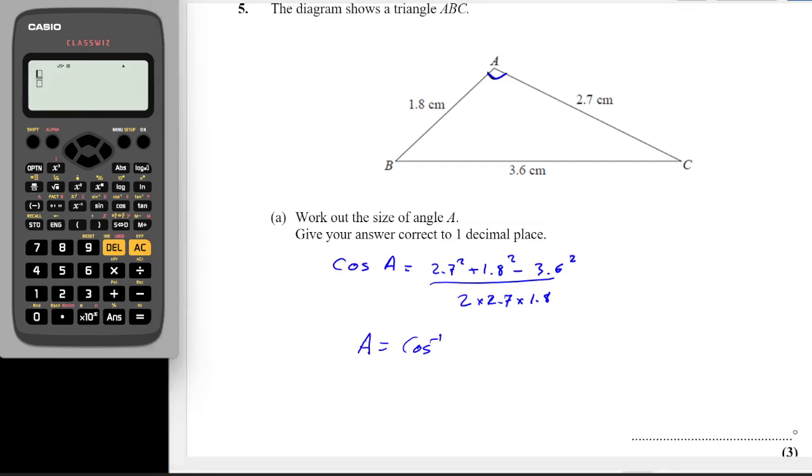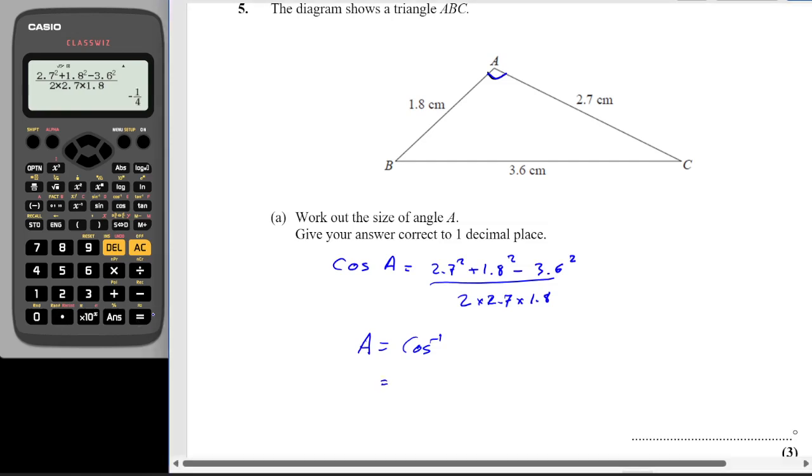So let's do it before we do the cos. So 2.7 squared plus 1.8 squared minus 3.6 squared, all divided by 2 times 2.7 times 1.8. So that should be minus a quarter. And I've miswritten slightly, so it's the cos to the minus 1 of minus 1 over 4.